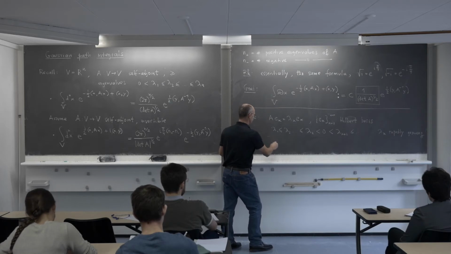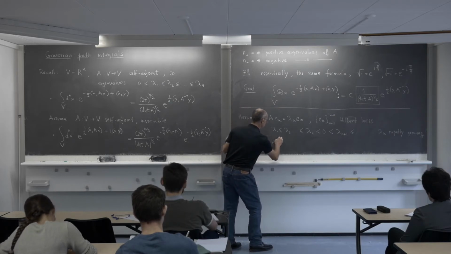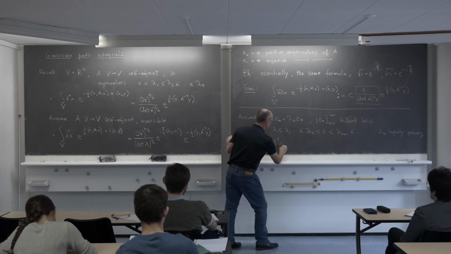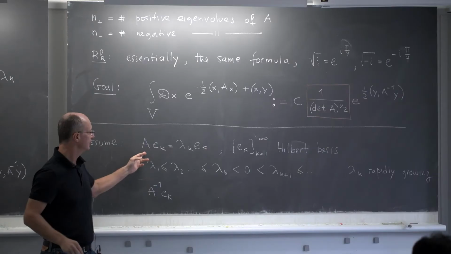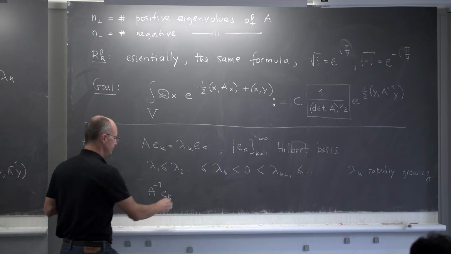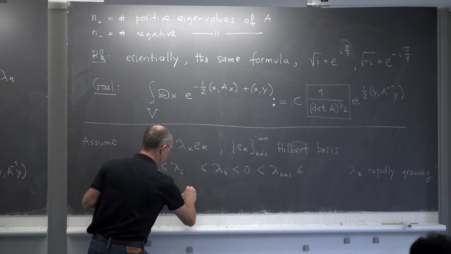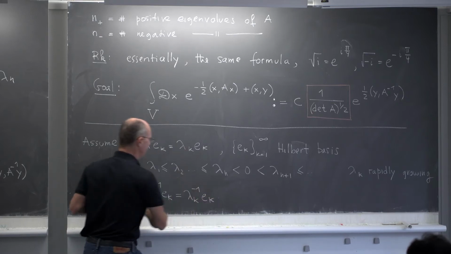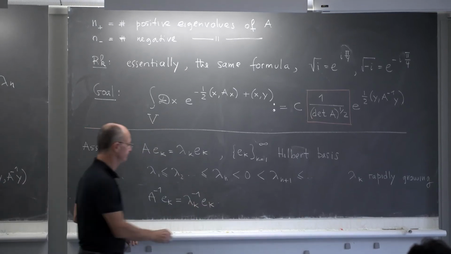So of course, such an operator is invertible, right? So there is this Hilbert basis. There is no eigenvalue equal to 0, so A inverse is simply defined on a basis by this formula.